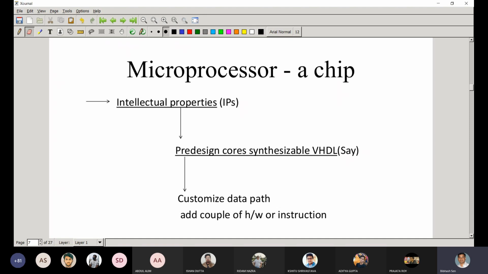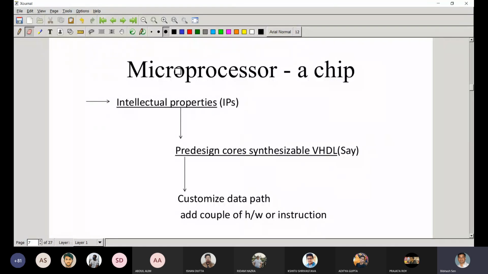These are pre-designed codes, synthesizable VHDL code. After taking that code, you can program accordingly, add a couple of hardware instruction sets, and finally make your chip also. Some part of the program is given at hardware level, and after getting that core, you can program it and make it your customizable chip.